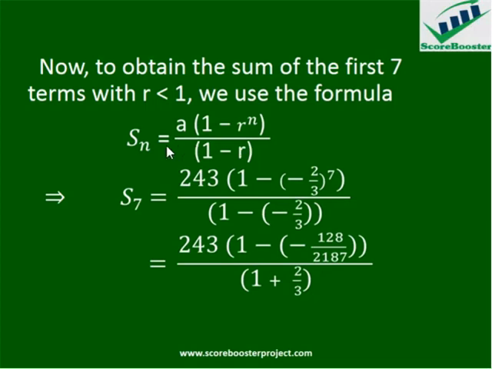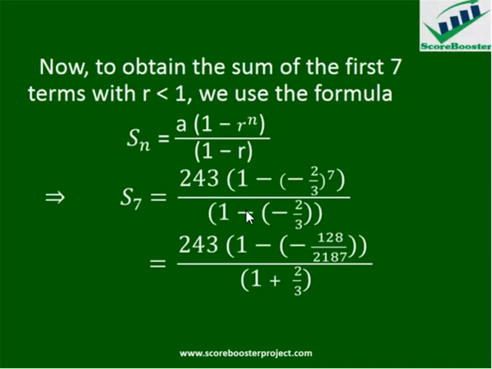Here we know n will be equal to 7, so S7 will be equal to the value of a, which is 243, into bracket 1 minus minus 2 over 3 raised to the power 7, divided by 1 minus the value for r, minus 2 over 3. So here we must be careful of signs. We must know the multiplication of signs.